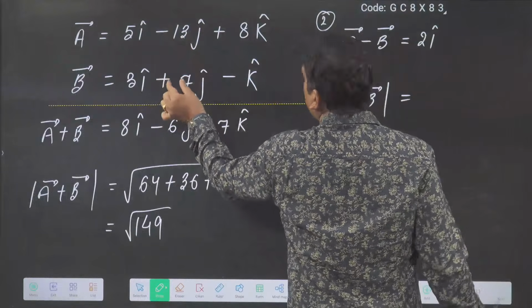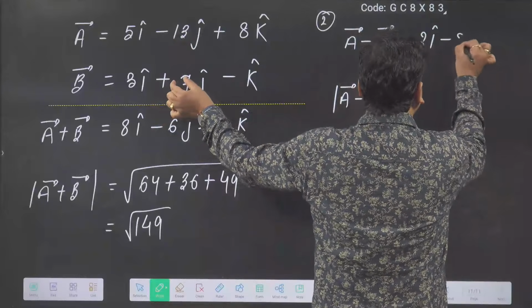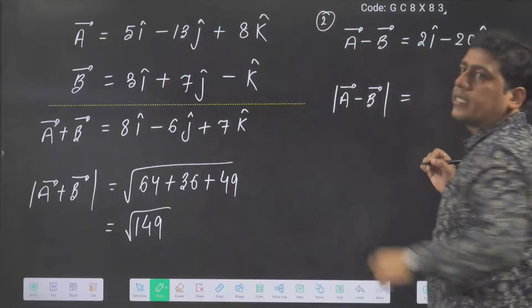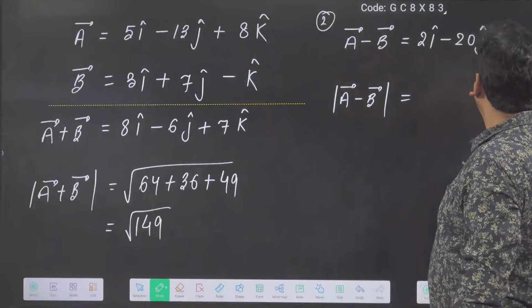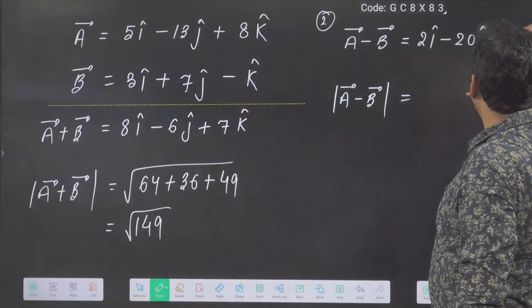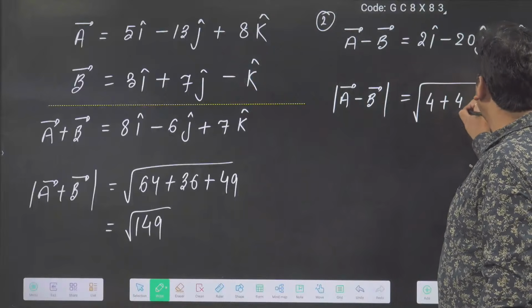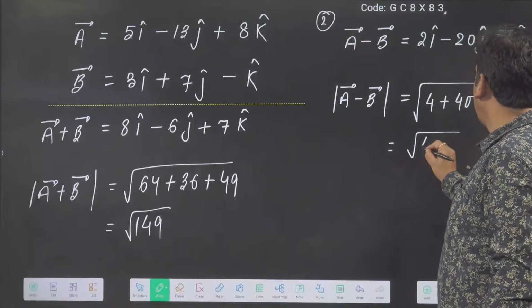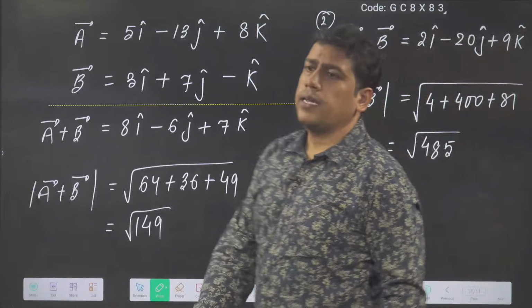Minus 13 minus 7 will become minus 20 J cap, and 8 minus minus will become plus, so it will become plus 9K cap. So coming to the magnitude part, 4 plus 400 plus 81, root 485.